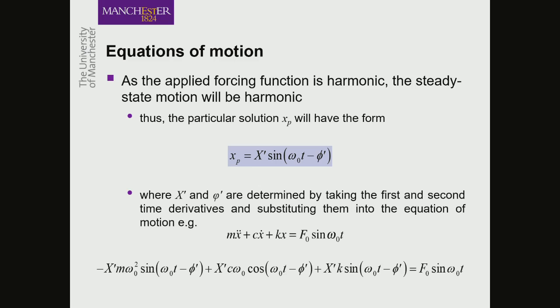And we said that since the forcing function, the external force or displacement, is harmonic, we are expecting the displacement to be also harmonic. I will try to explain what I mean by that shortly.